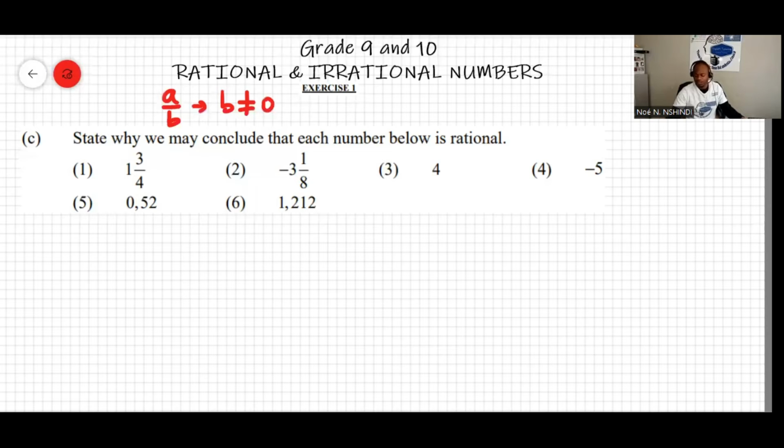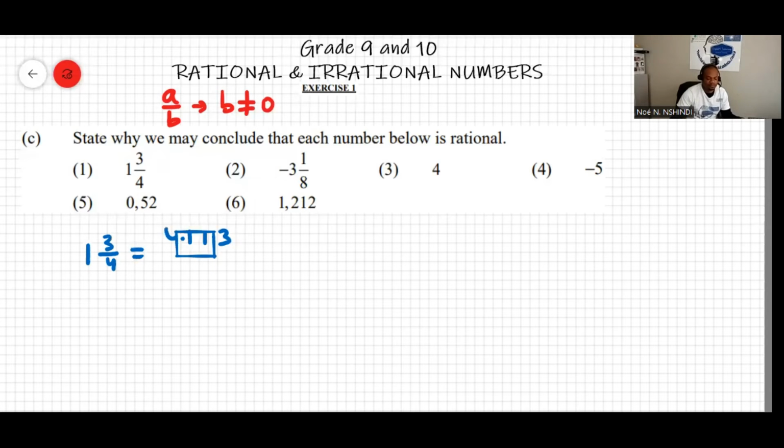Now, I'll say that for number 1, for instance, it is a rational number because we can write 1 3/4 in the form A over B. This is a mixed number. We can write it as an improper fraction. So we do 1 3/4 is equal to, to write it as an improper fraction, we do 4 times 1 plus 3 over 4.